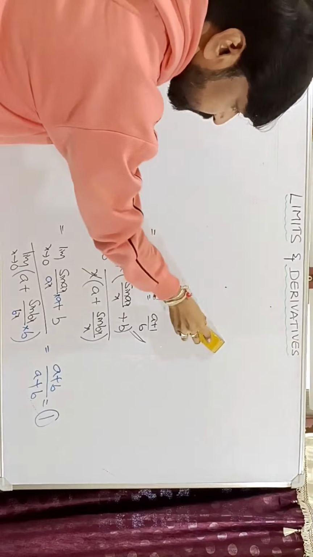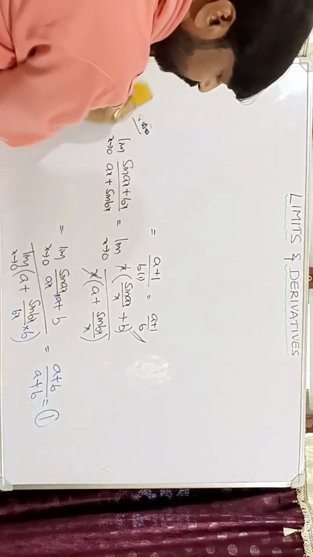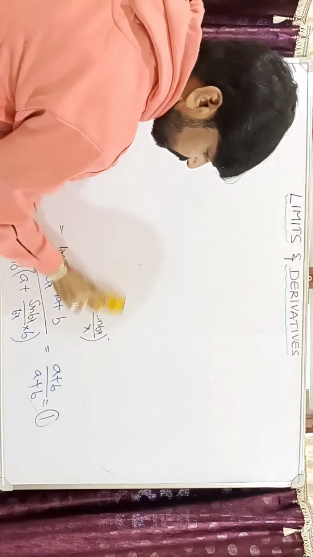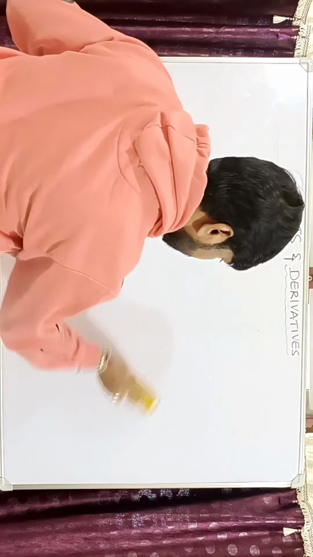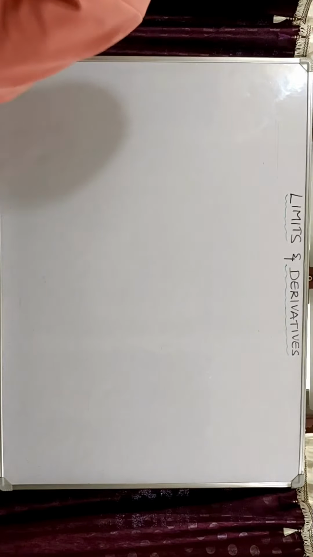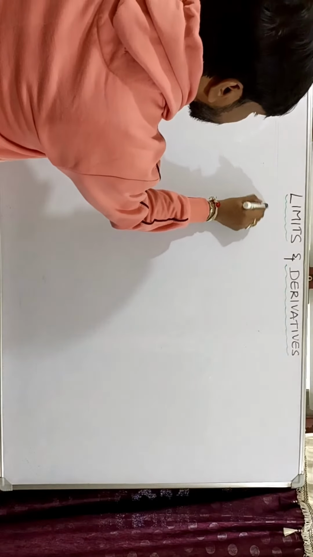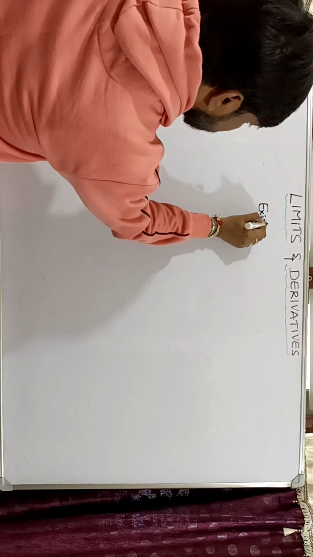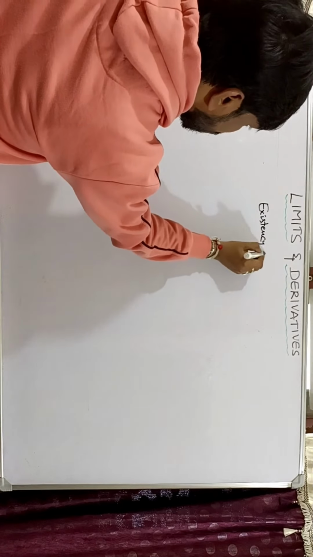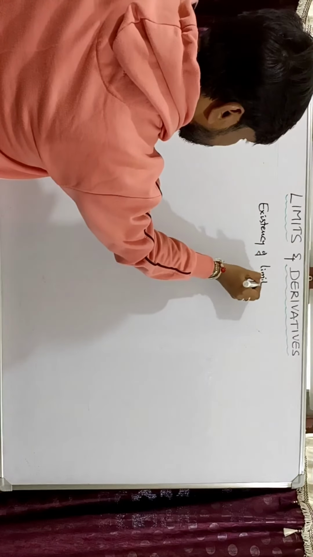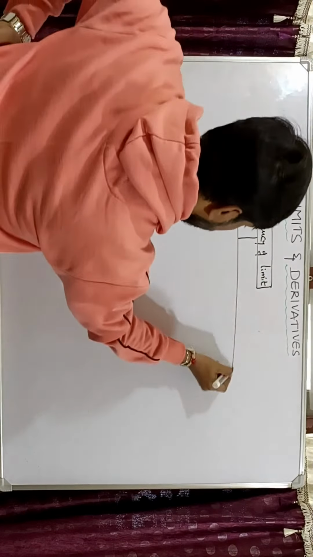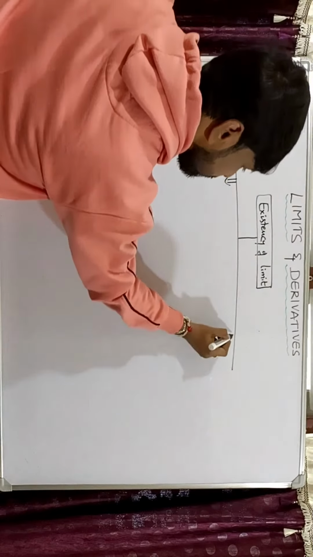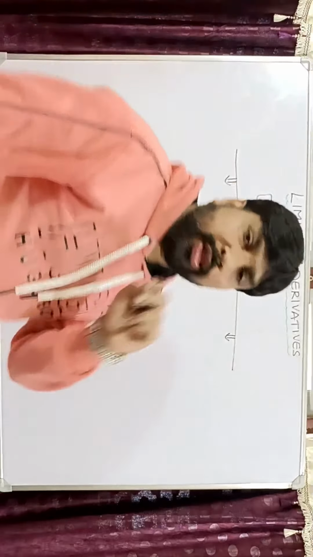Through the flow chart, I will explain the concept of the existence of limit. So how does a limit exist? That is the concept. There are two models in this concept.